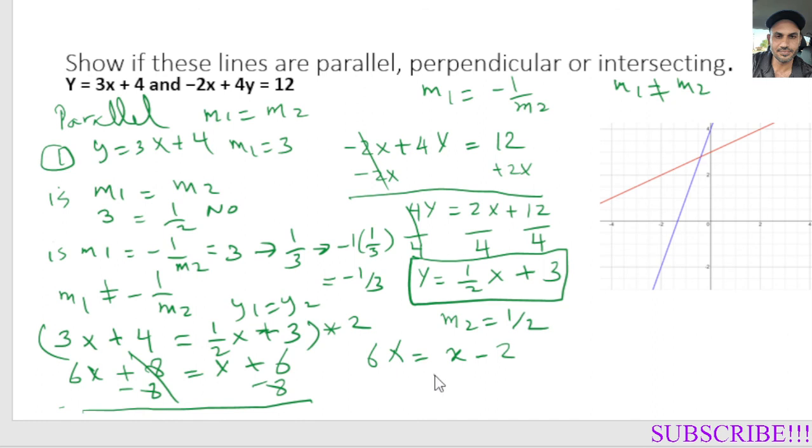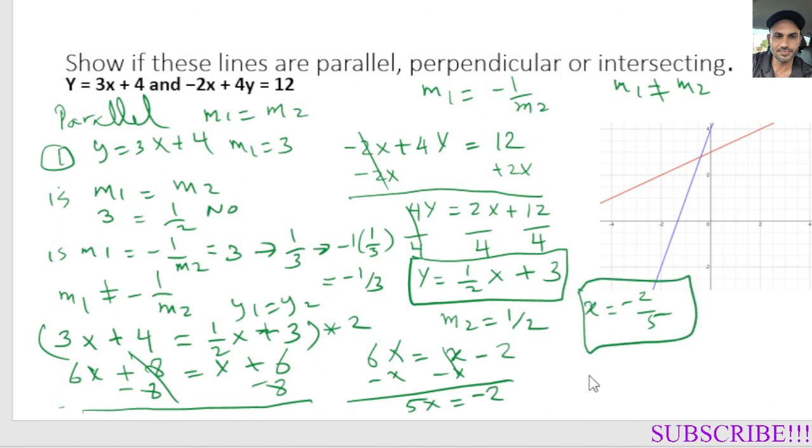We subtract x on both sides, so this is 5x equals negative 2. Then we divide by 5, so you get x equals negative 2 over 5.